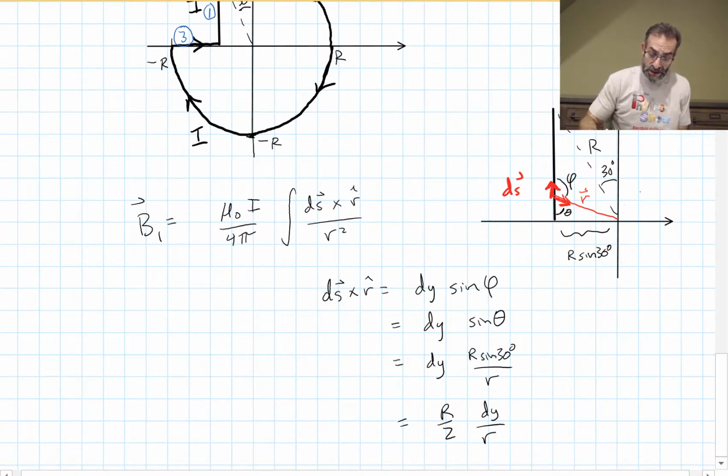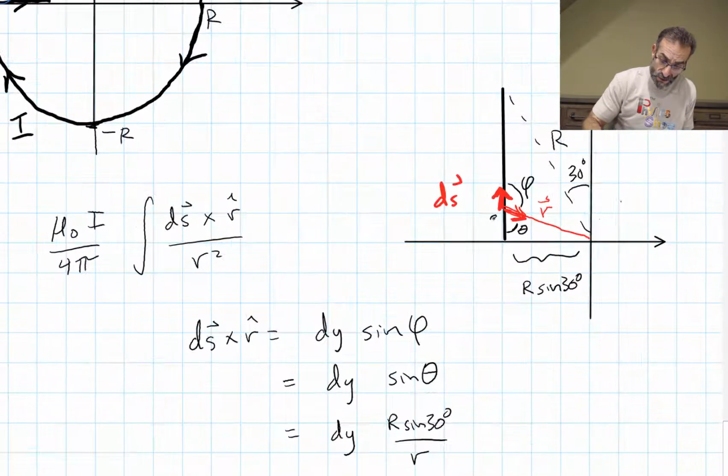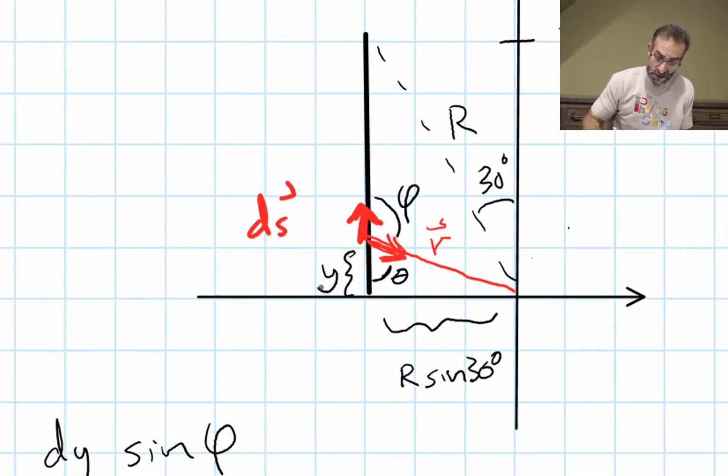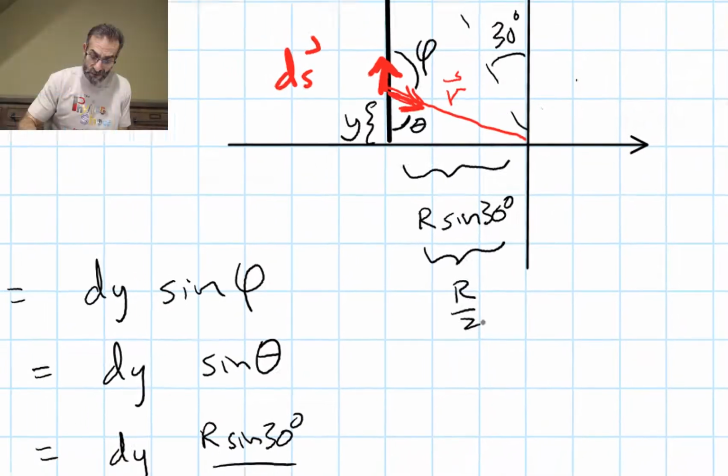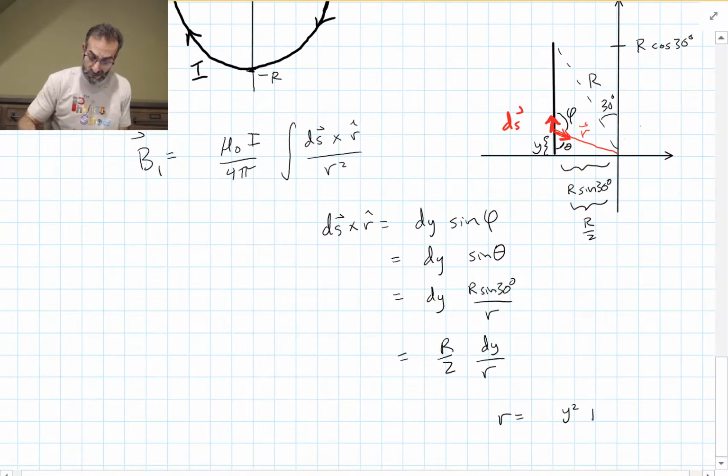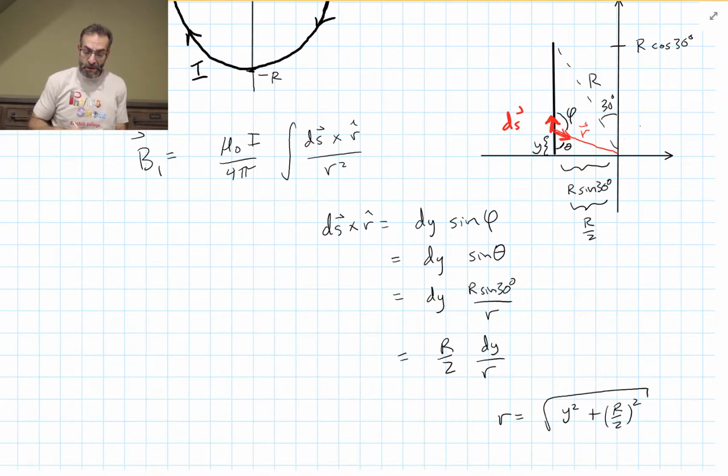and r is going to be, we have a right triangle right there, this is y right here on this side. So r is the square root of y squared plus R over 2 squared.